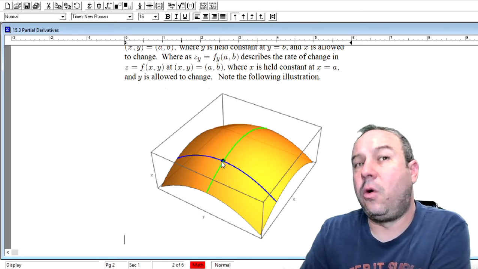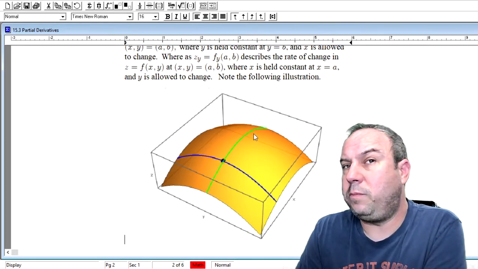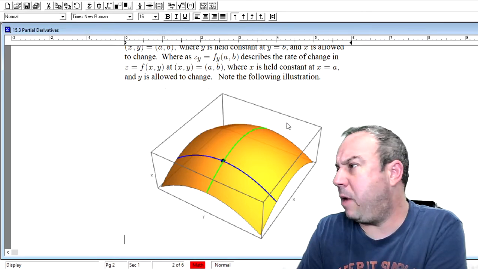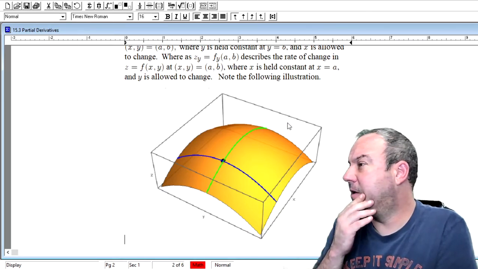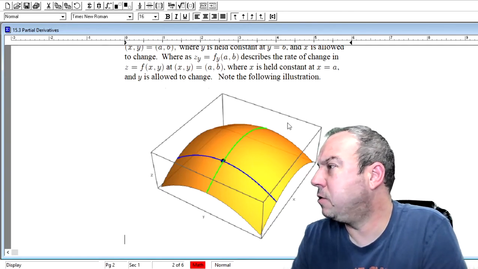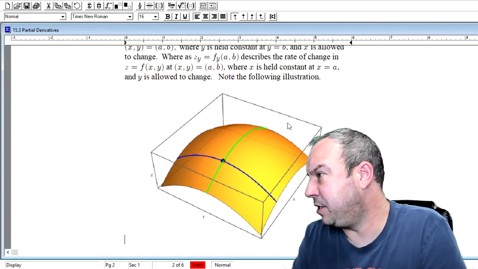Whereas the value of x would be any given value along the number line here, from this location on that line to this location on that line. X is going to be allowed to change while y is being held constant. This green path is highlighting the path we would travel on to calculate our partial derivative of z with respect to just x changing.